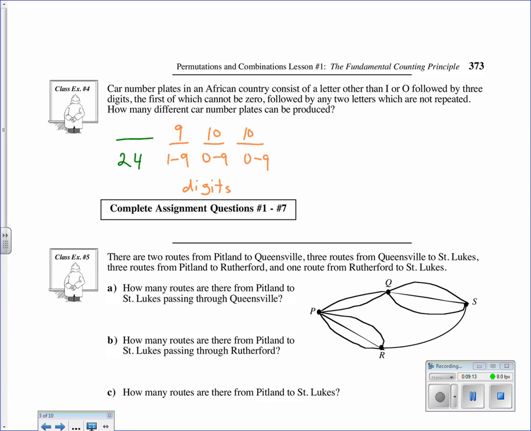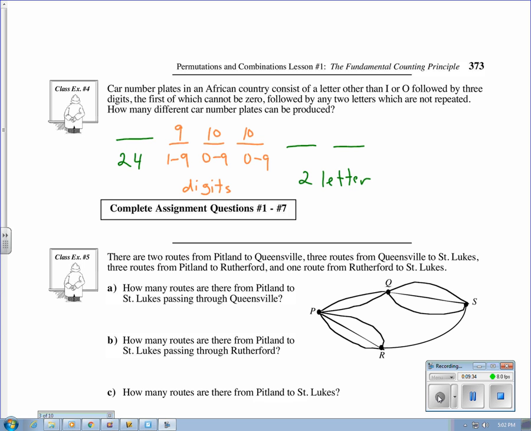So I have digits, and then followed by any 2 letters which cannot be repeated. So now 2 letters which can't be repeated. Well, I used the letter at the beginning, and if that can't be repeated, let's check out the rule statement again.